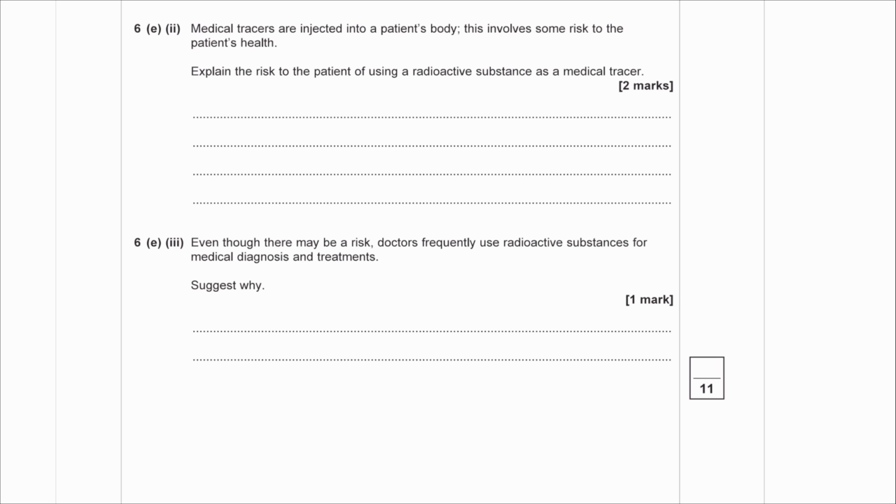Now, there are lots of different theories for how it is harmful, but there are a few which you should know, and they are definitely true. One of those is that radiation can be ionizing, which is harmful to health. It wants 2 marks, so why is it harmful to health?